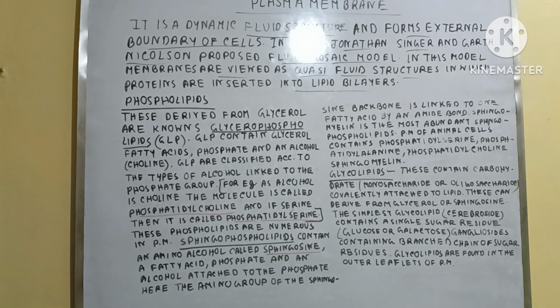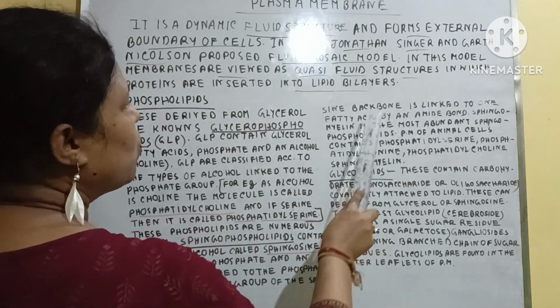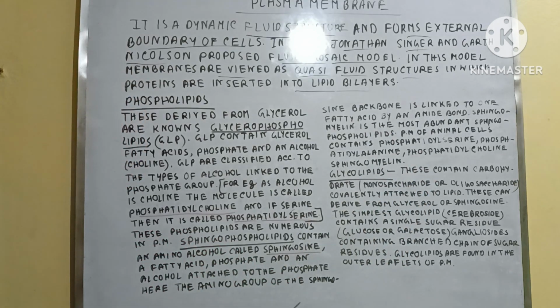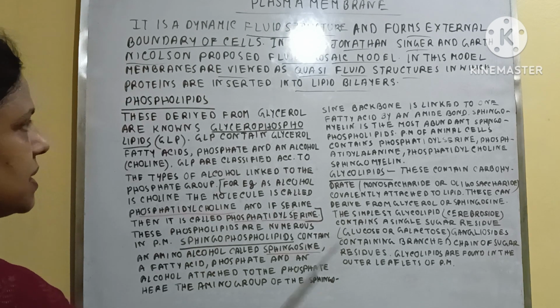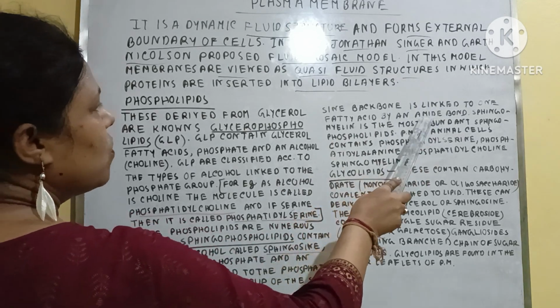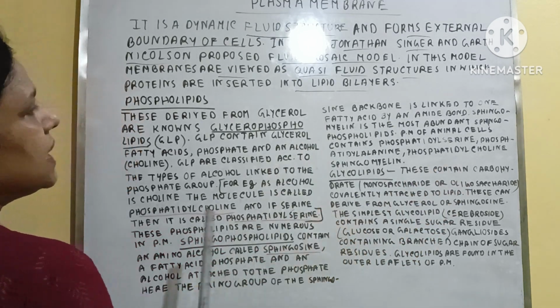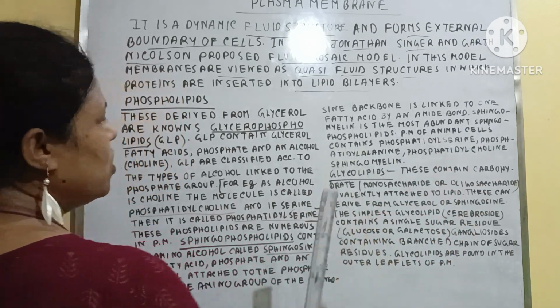This amino group of the sphingosine backbone is linked to one fatty acid by an amide bond. And sphingomyelin is the most abundant sphingophospholipid.